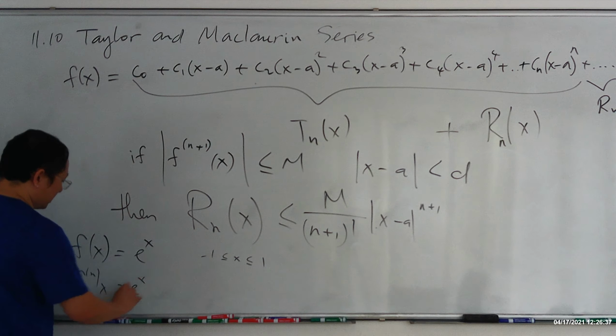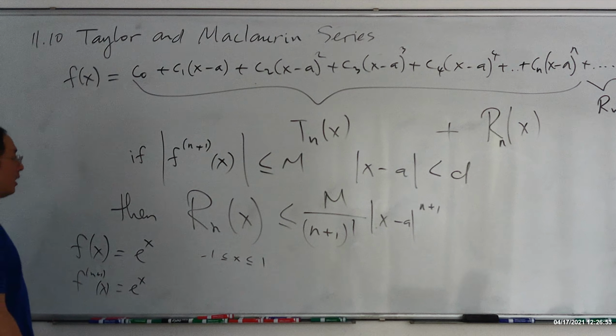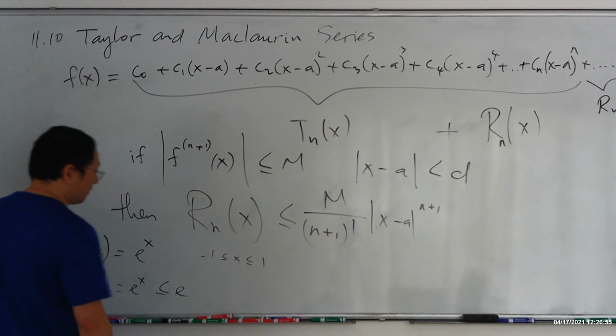Okay, you are looking for the function between just -1 and 1, because I want to find a bound for this. Okay, so the (n+1)th derivative is still e to the x, so it's going to be less than or equal to e, right?